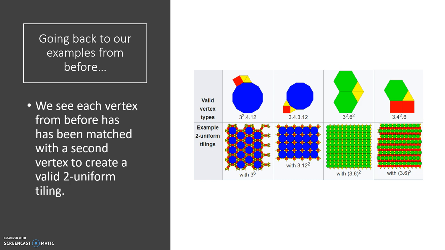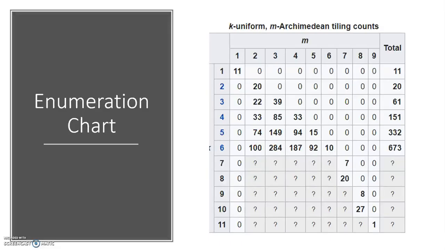And it's a very unique, very creative tiling, and that goes for all of these. And there's a bunch of these. You'll see in my references that there are links to plenty of these. The Wikipedia page for this is pretty incredible, and that's actually where I got these pictures. But this is where we see that those vertices turned into a 2-uniform tiling. All right, this is actually an enumeration chart.